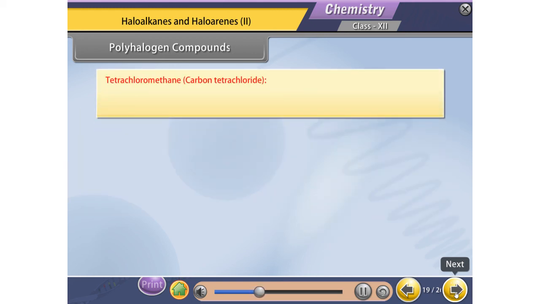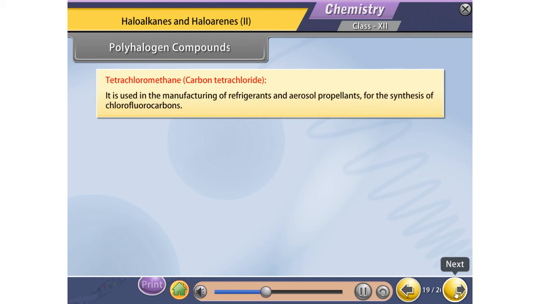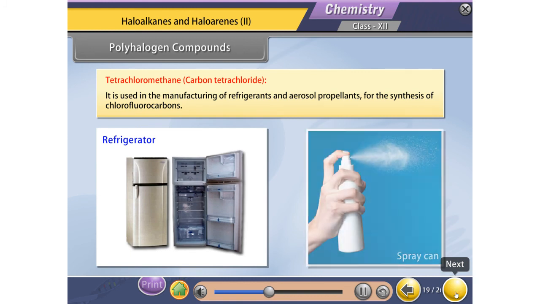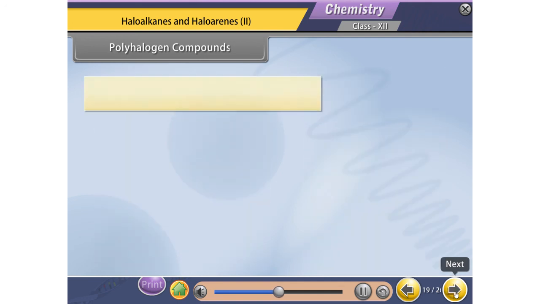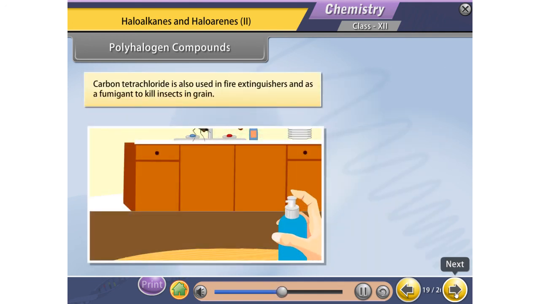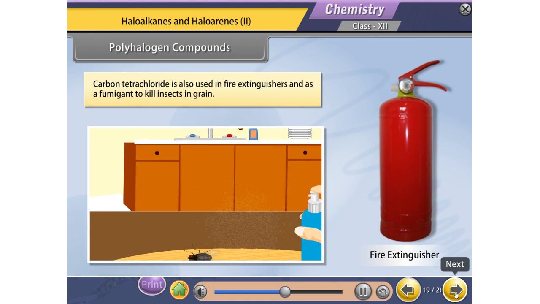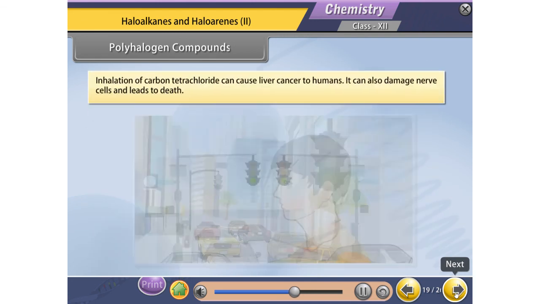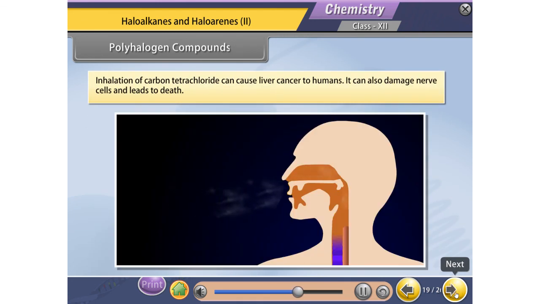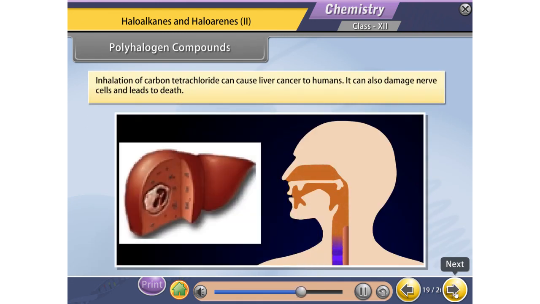Tetrachloromethane, carbon tetrachloride. It is used in the manufacturing of refrigerants and aerosol propellants for the synthesis of chlorofluorocarbons. Carbon tetrachloride is also used in fire extinguishers and as a fumigant to kill insects in grain. Inhalation of carbon tetrachloride can cause liver cancer to humans.